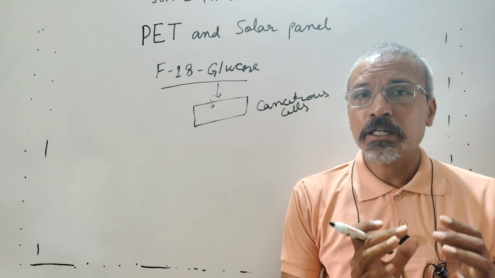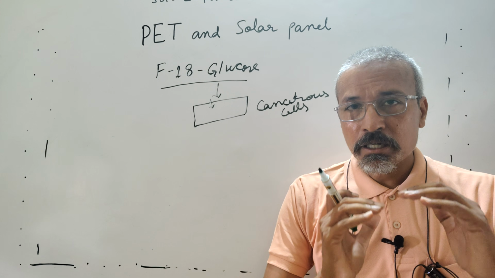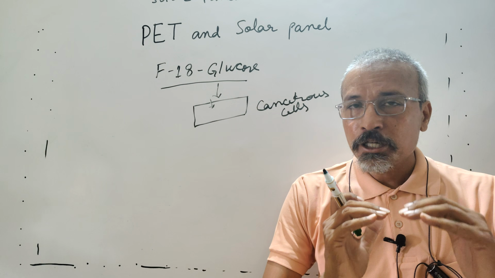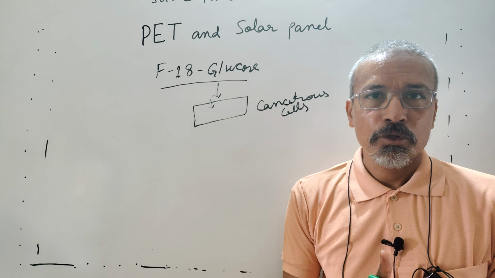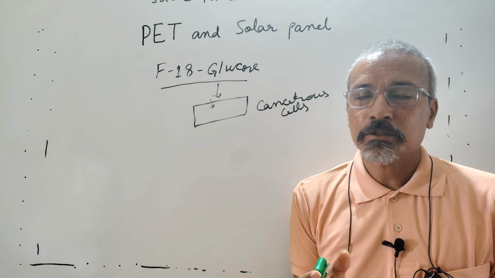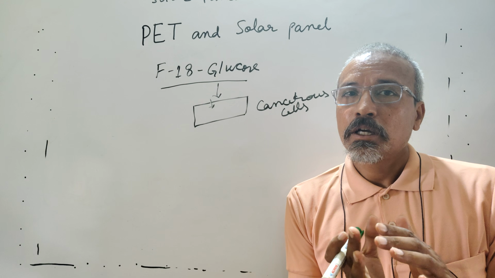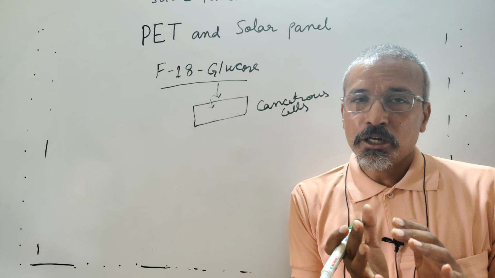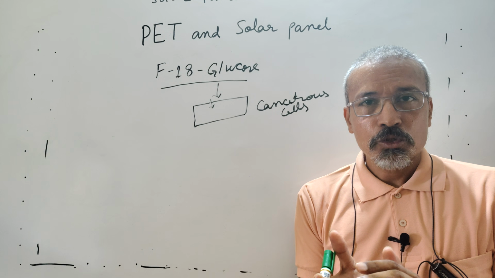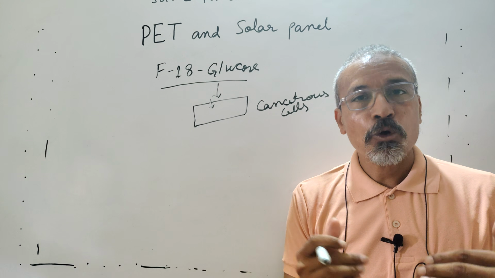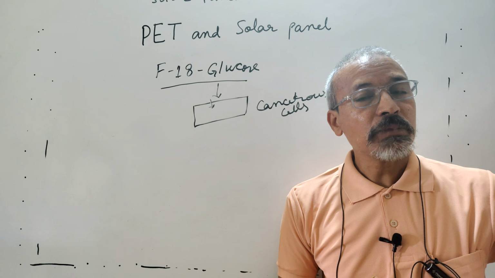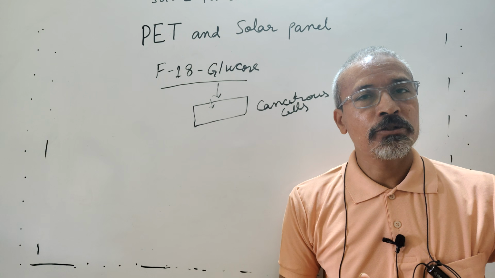But since F18 is a radioisotope and highly unstable, it tries to stabilize itself. Since there is a bigger ratio of protons to neutrons, protons are converted into neutrons, and a positron and a neutrino are released.